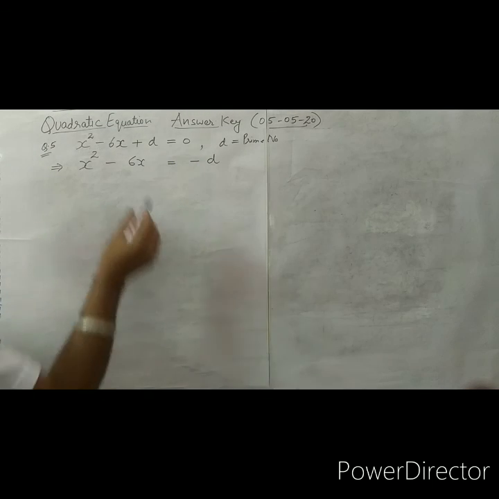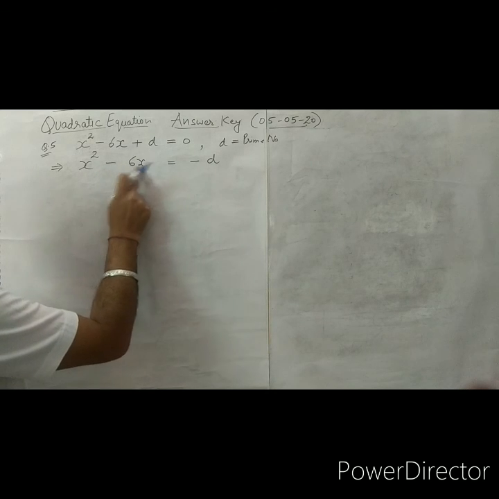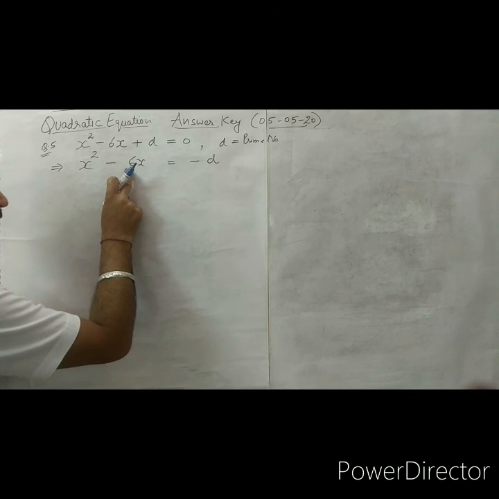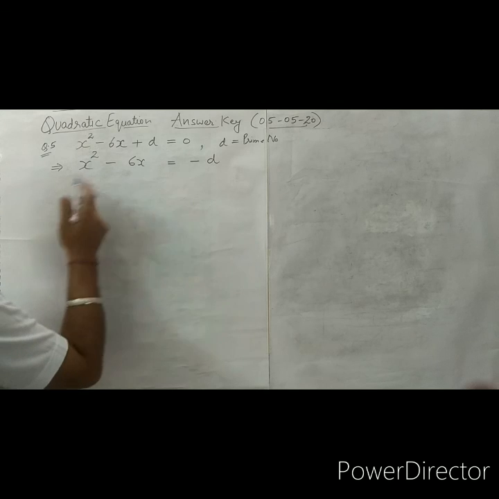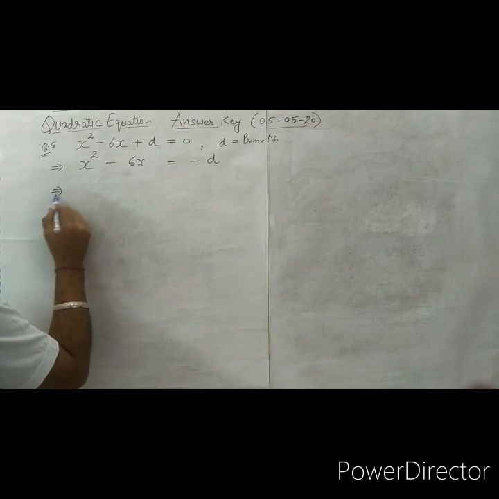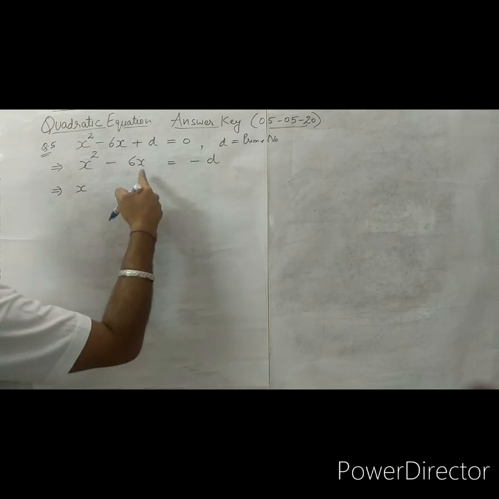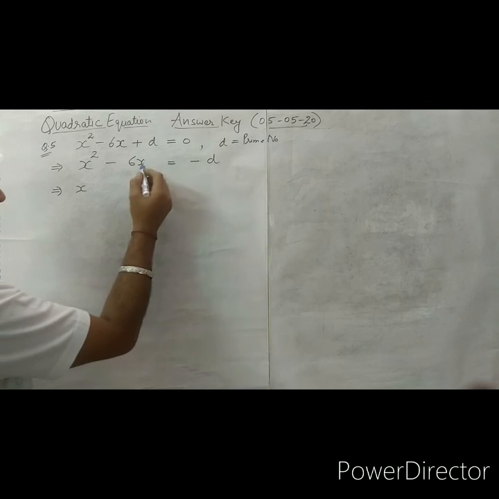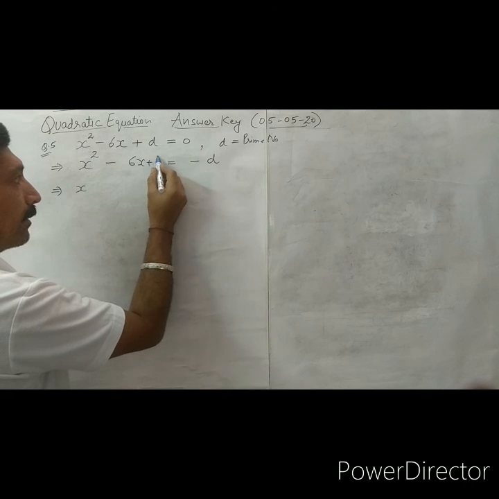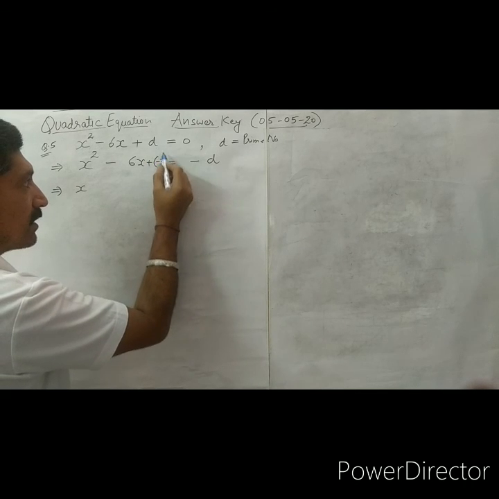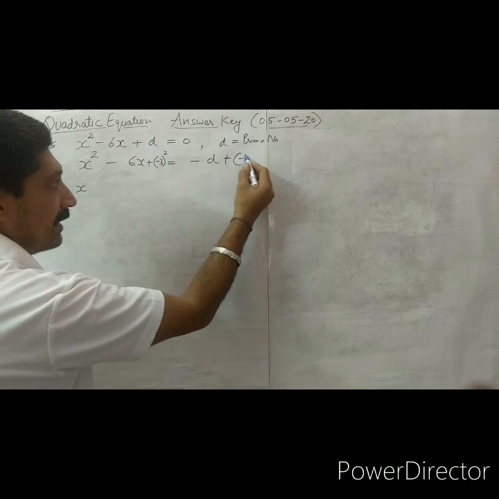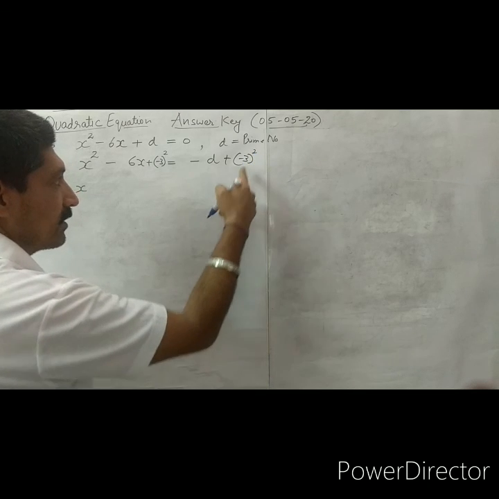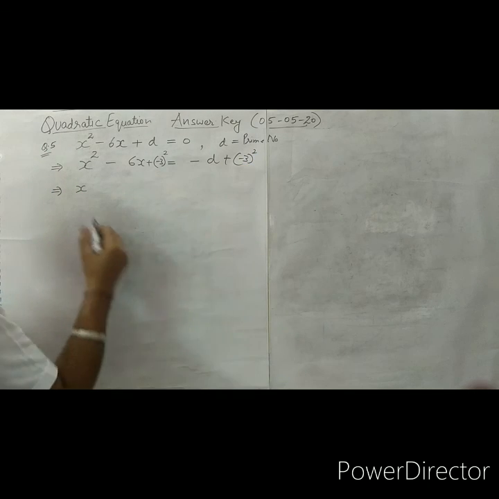Now here the coefficient of x is 6, so we'll go ahead with completing square by adding minus 3 square both sides. The value of b is minus 3 here.